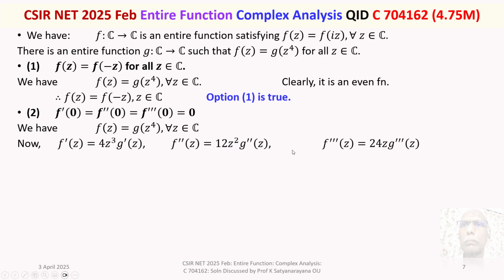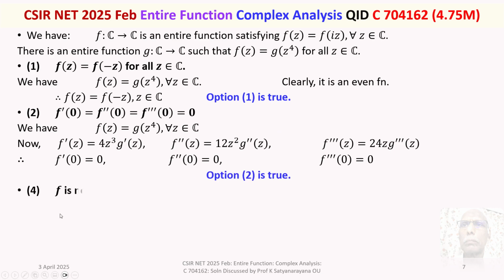The third derivative is 24z g triple prime z. So substitute z equal to 0, and you will get f prime 0 is 0, f double prime 0 is 0, f triple prime 0 is 0. Thus, option 2 is also true.